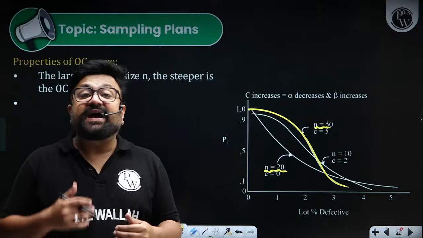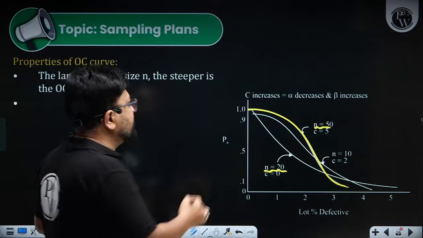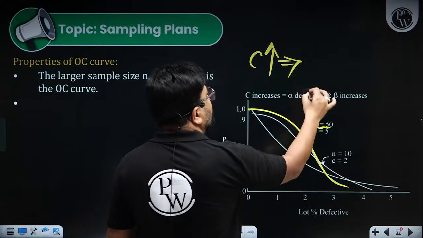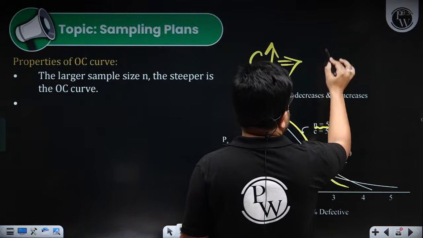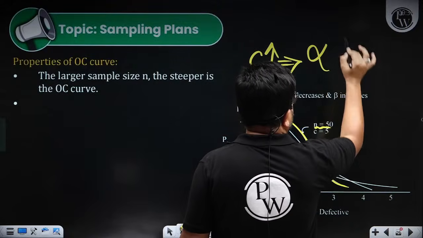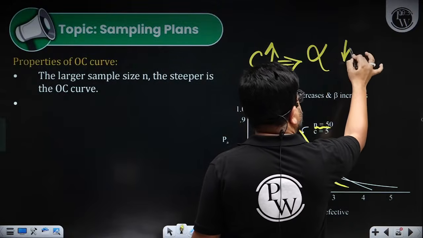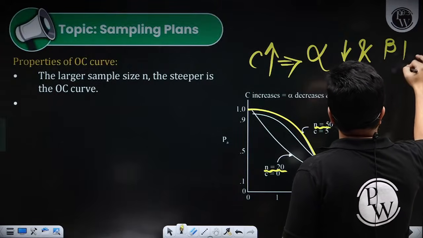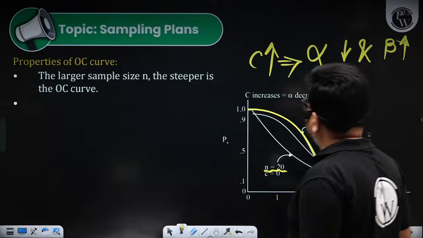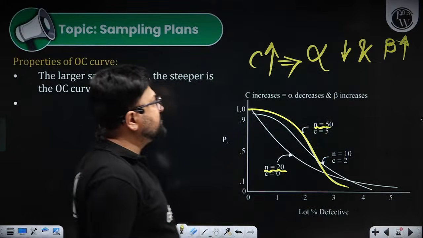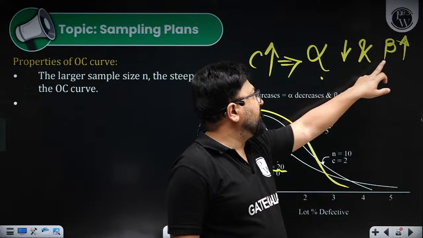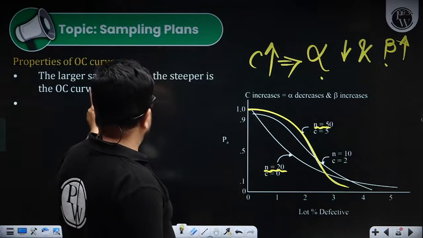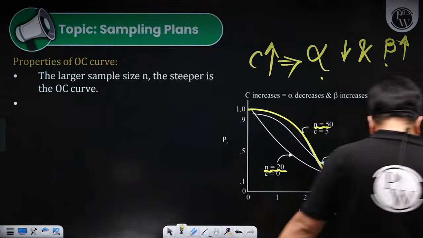Also, if the acceptance number C increases, then producer risk decreases and consumer risk increases, right? So this is the relation. You must remember this.